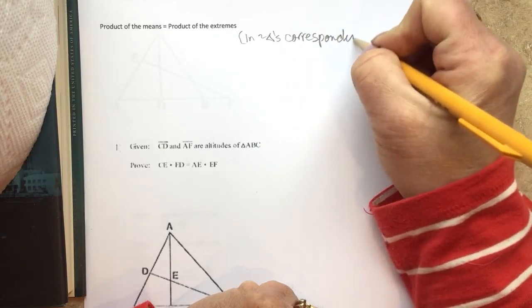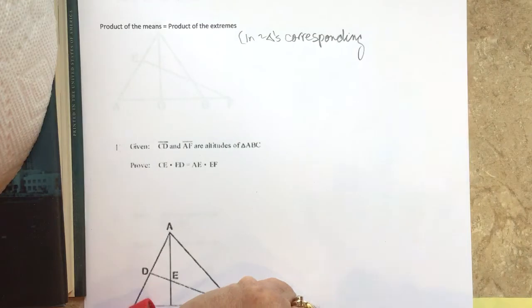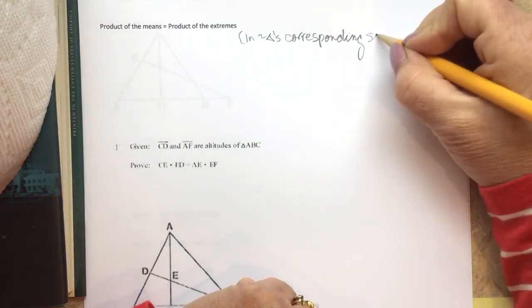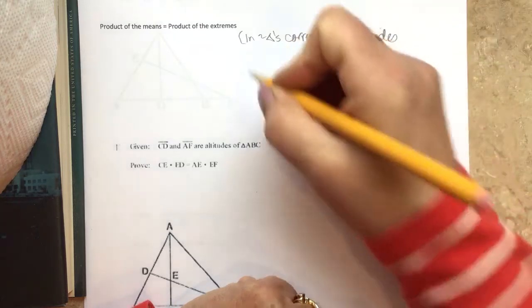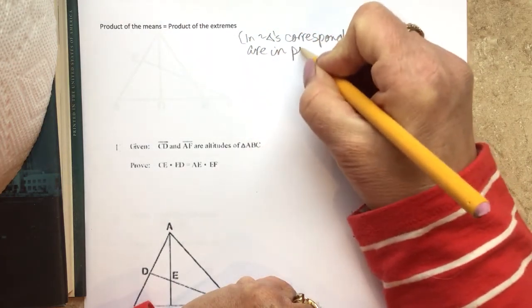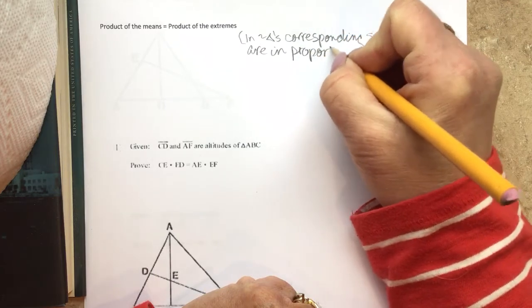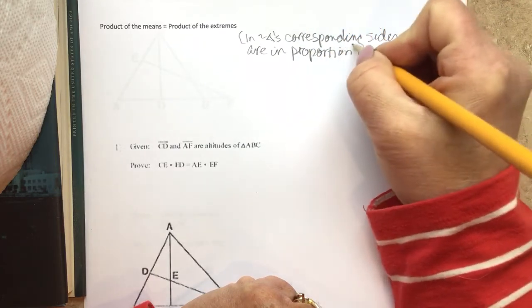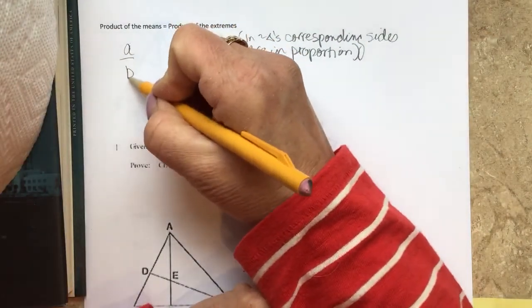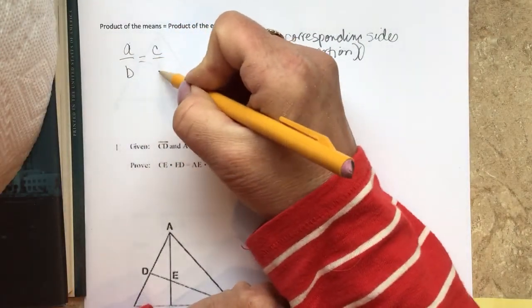You can't say parts, because the angles are congruent, not in proportion. Corresponding sides are in proportion. All right, so we would have something like A over B equals C over D.